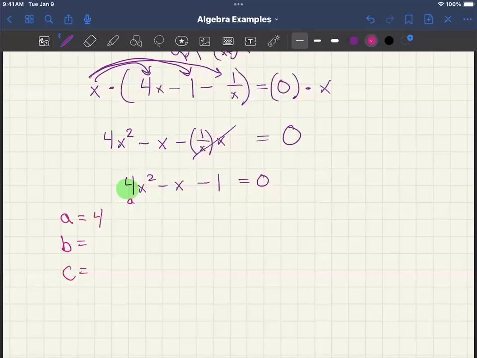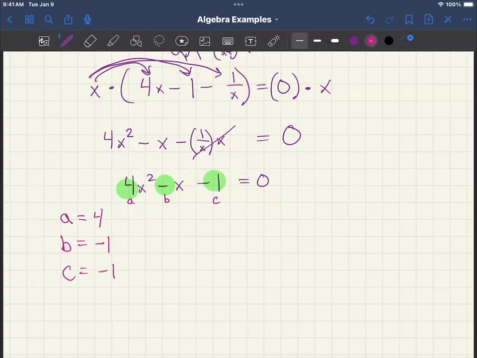So a in this case is 4. Our b value is the number that we see in front of our second term in our equation. So this is going to be a -1. And our c is the constant or the last term in our equation, and that is also a -1.